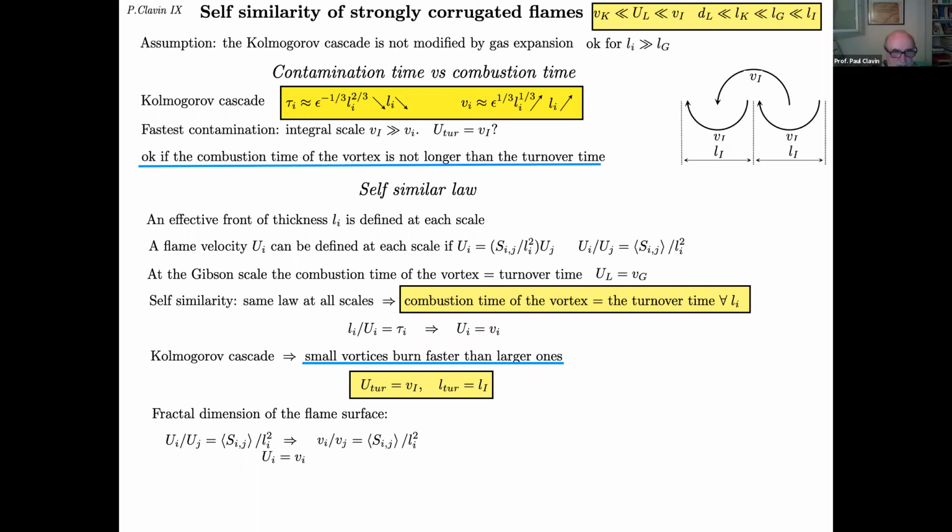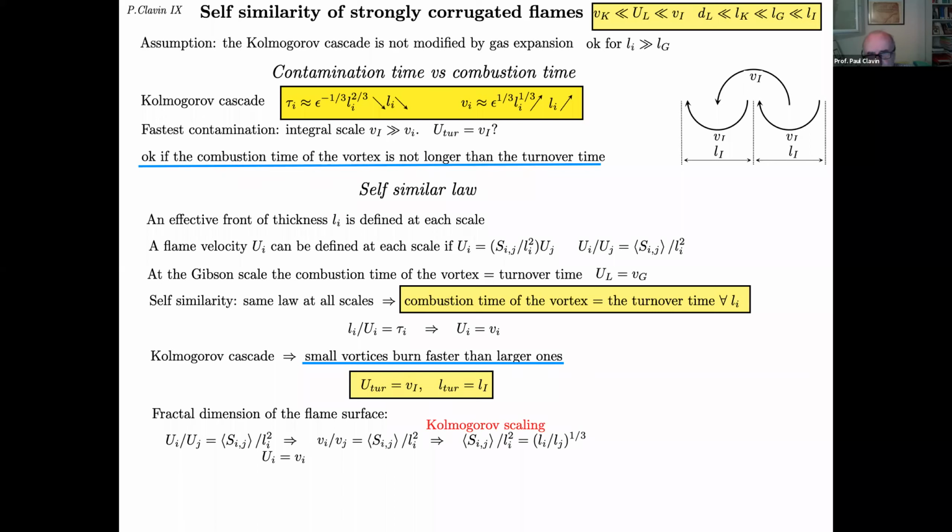Now, what about the fractal dimension? By definition, the ratio of the two propagation velocities is the ratio of the velocities. If you assume that the burning rate at the scale L_I is U_I, the turnover time, now, excuse me.